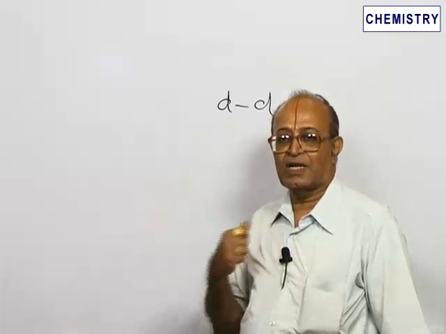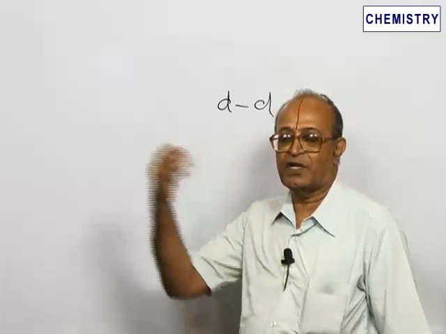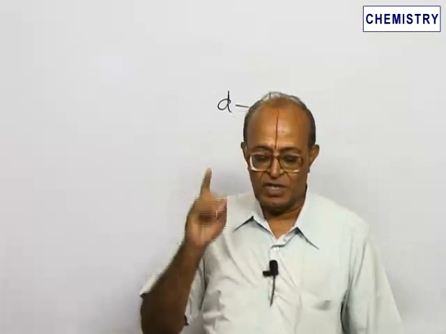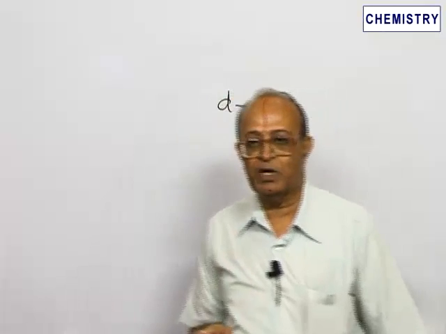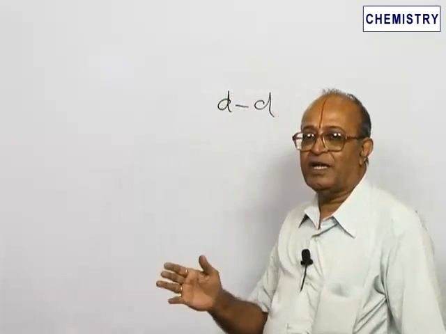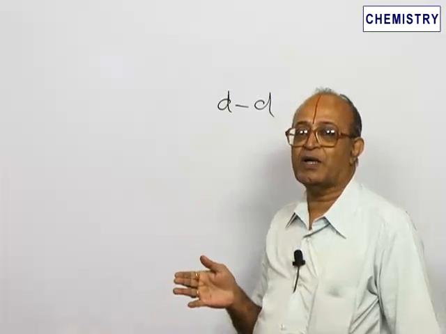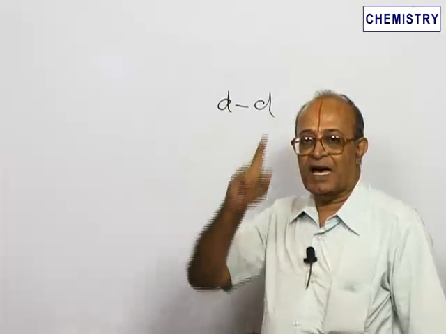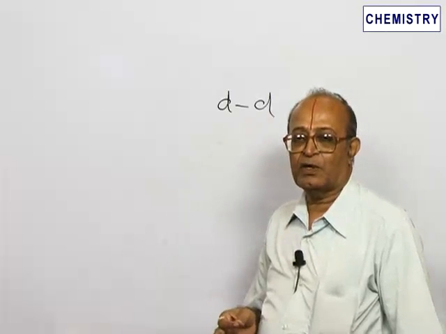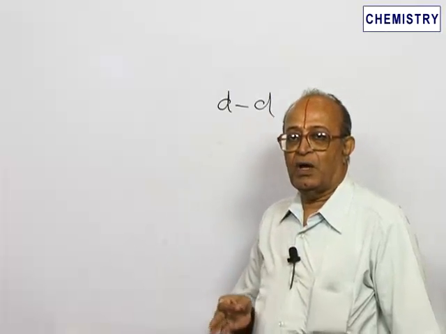Electrons are transferred from one set of D to another set of D. So, this point you should remember, namely, wherever D-D transition is possible, there will definitely be a color for that particular compound. All right.